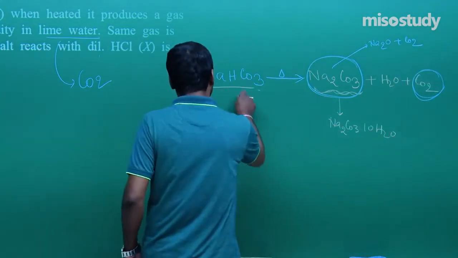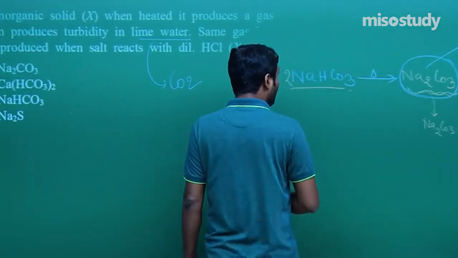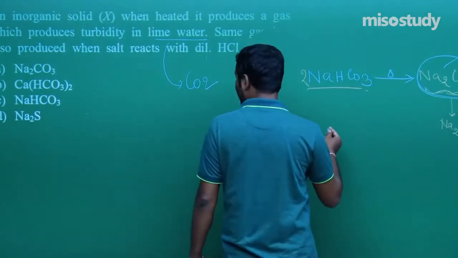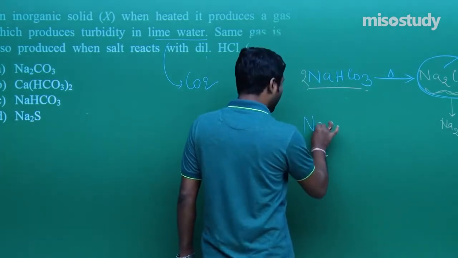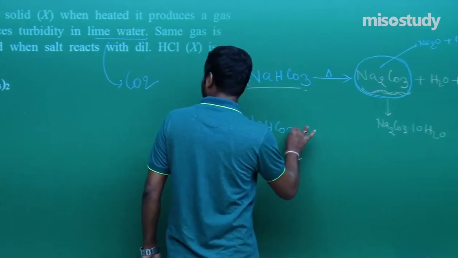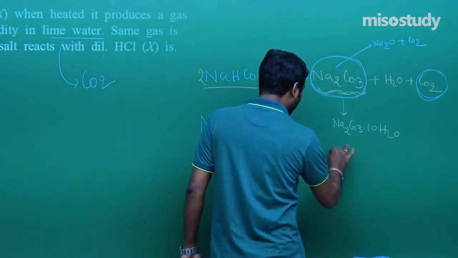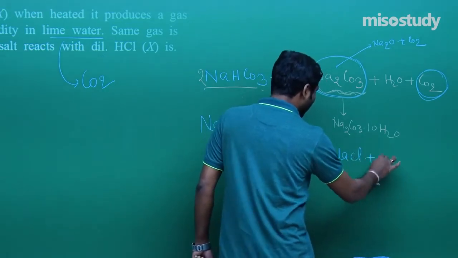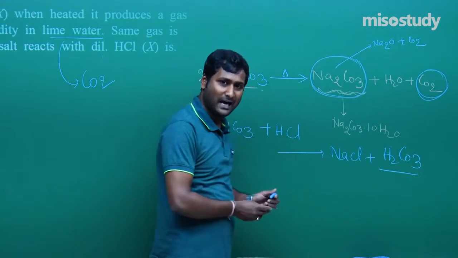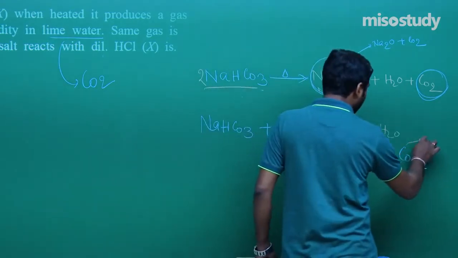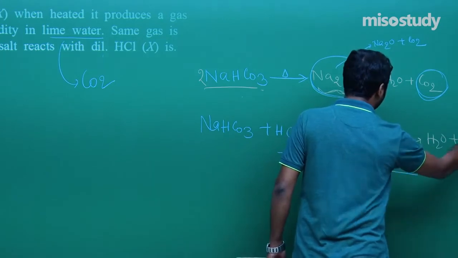Okay, now second, that is the calcium hydrogen carbonate. Now if I talk about the treatment with HCl, NaHCO3 when treated with HCl, what will happen? It will form NaCl, yes sir, and gives you H2CO3. As we know H2CO3 is not stable, it will give you H2O and CO2.